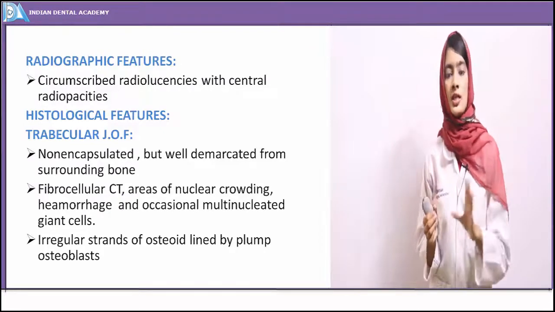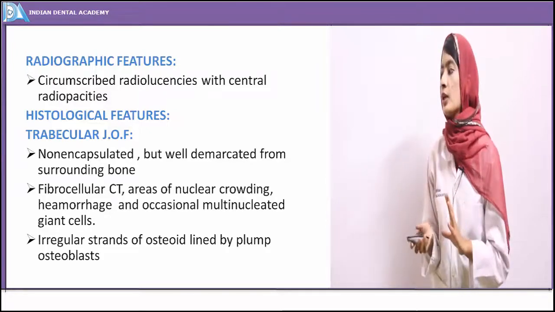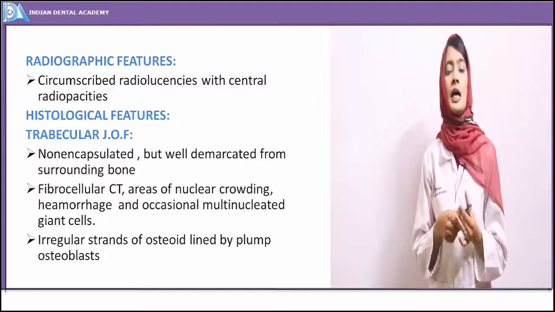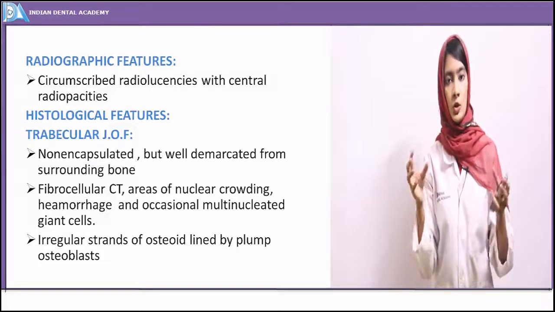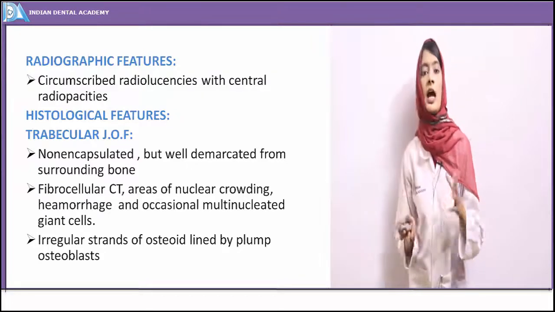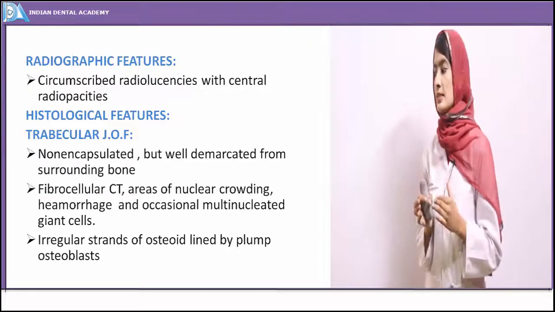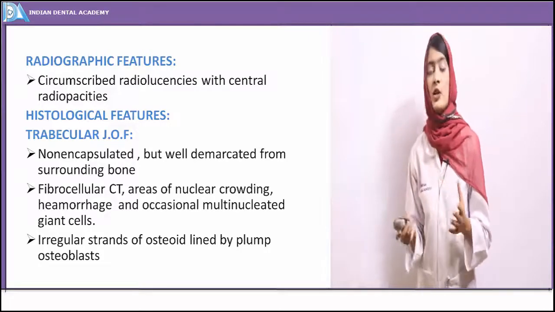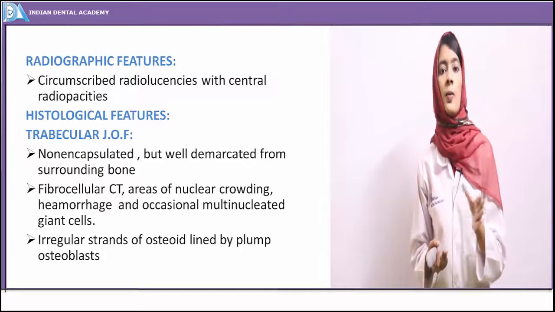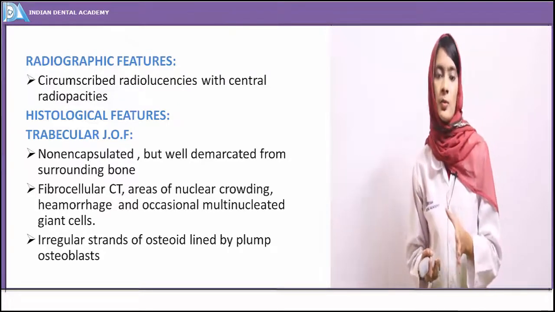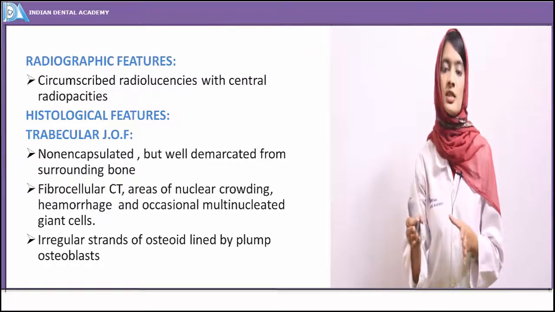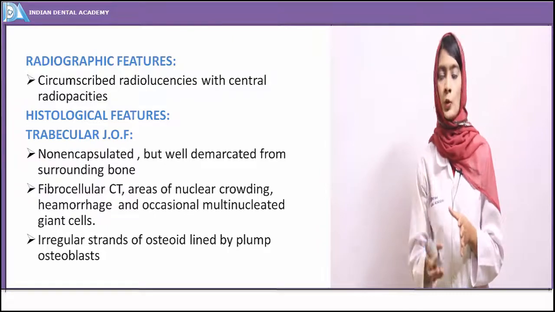The connective tissue is fibrocellular, with hemorrhage, and whatever cells are present show clumping or crowding of the nucleus, and multinucleated giant cells are seen. The trabecular variety shows increased deposition of osteoid, or irregular trabeculae, which are lined by osteoblasts, cells showing the deposition of bone.